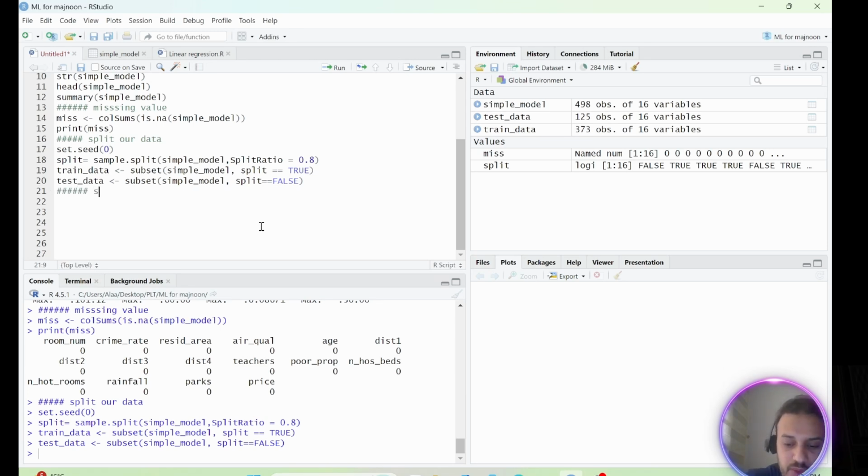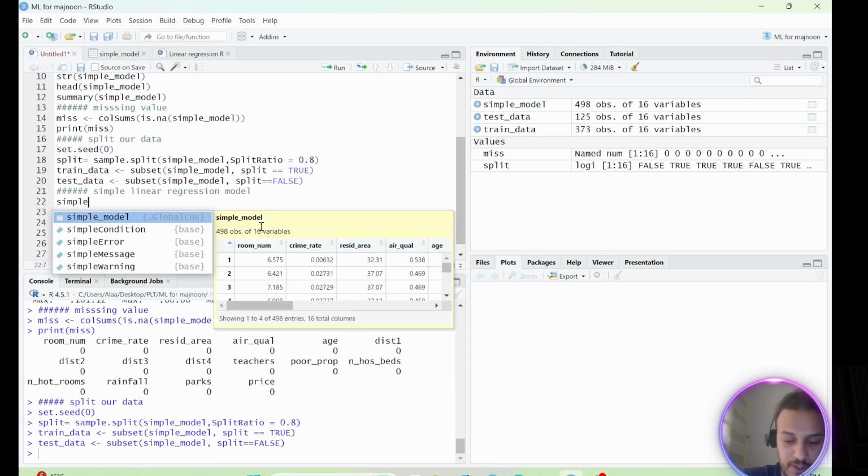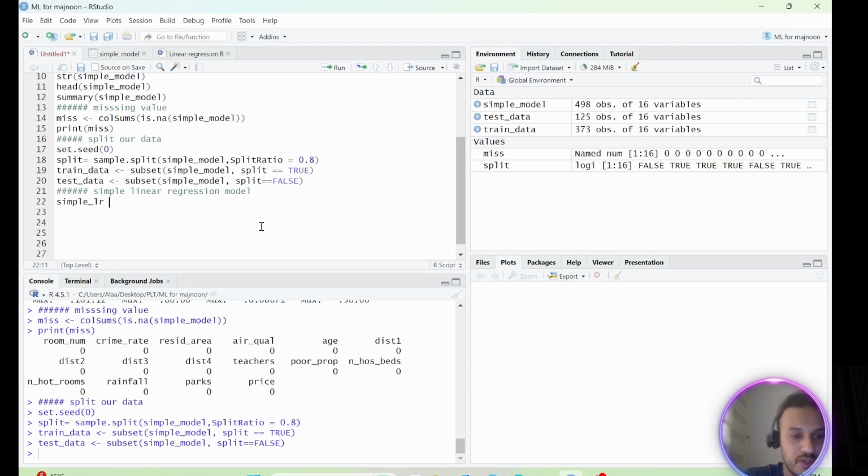I'm going to start with the simple linear regression model. The simple linear regression is when you have one target variable y and one independent variable x. It's simple, nobody really uses that, but I'm going to run it. simple_linear_regression equal to lm function.